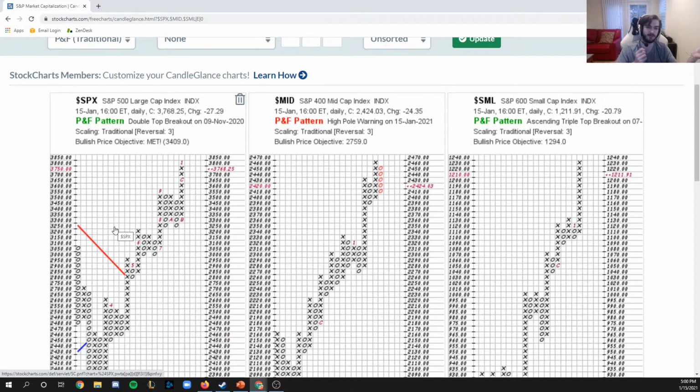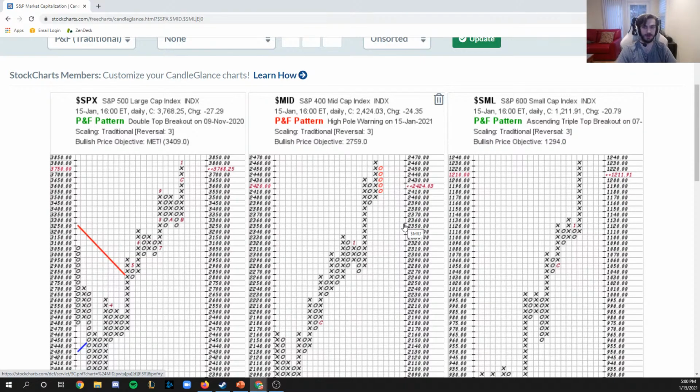The big brother, the little brother, and the one stuck in the middle: the S&P 500 large cap, the S&P 400 mid cap, and the S&P 600 small cap. And this is the beginning. Here we can see, well, large cap did fine, small cap did fine, mid took a large hit today.